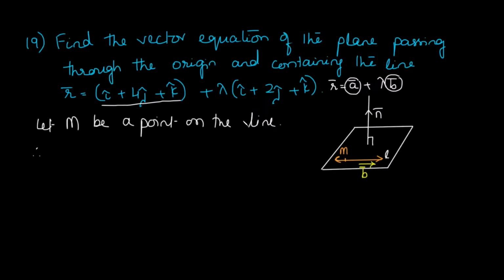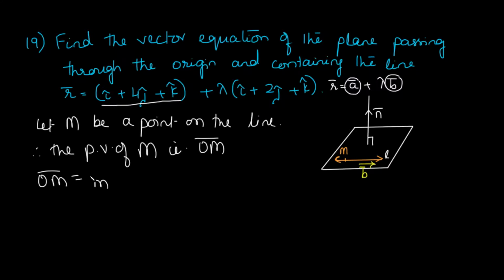So over here, suppose M is a point on the line, then if O is the origin, the position vector of M will be OM bar, which we can write as M bar, which is equal to i + 4j + k, the first vector of the line.